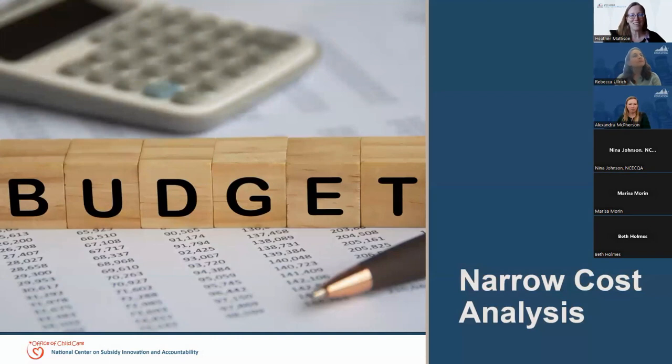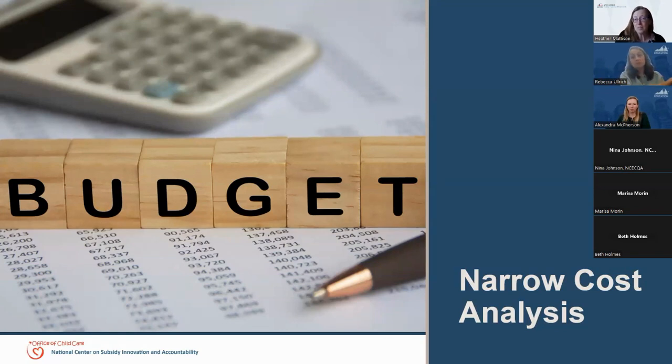I'm just going to do a quick preview of what we're going to hear about, and then I'm going to turn it over to Nina. All state and territory lead agencies are required to do a cost analysis. If you're using a market rate survey, a narrow cost analysis would be an additional step.